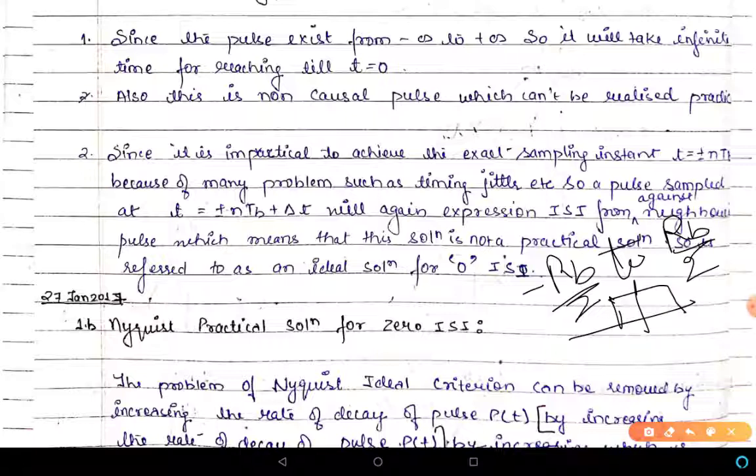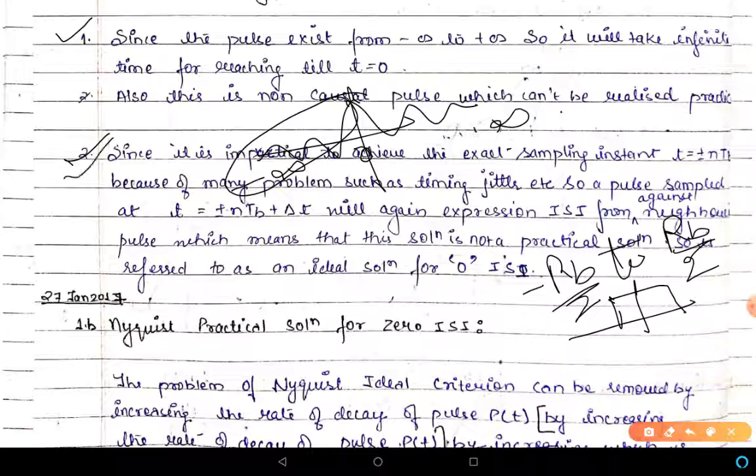That was called Nyquist first criteria to have zero ISI, but that is called an ideal solution because of these reasons. Reason number one, this is an impractical solution. Why? Because the pulse in time domain varies from minus infinity to 0 to plus infinity, so it will take infinite time, and further it is a non-causal pulse because it occurs on the negative side of the time axis.